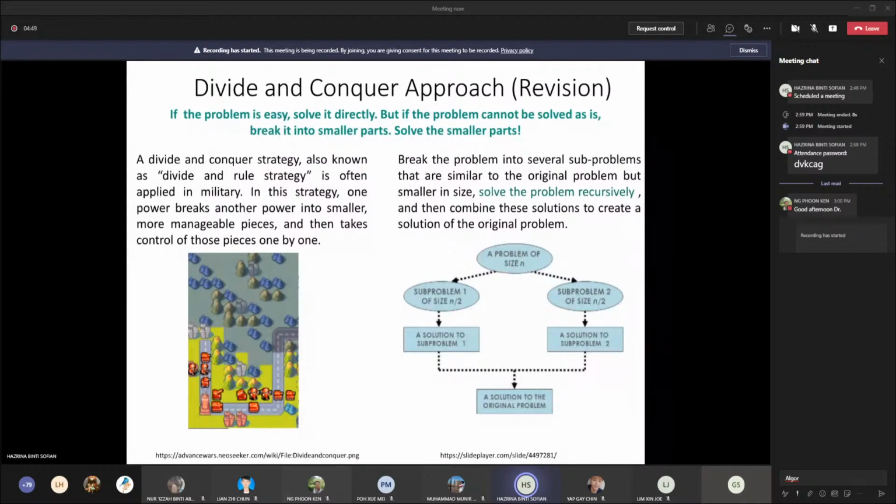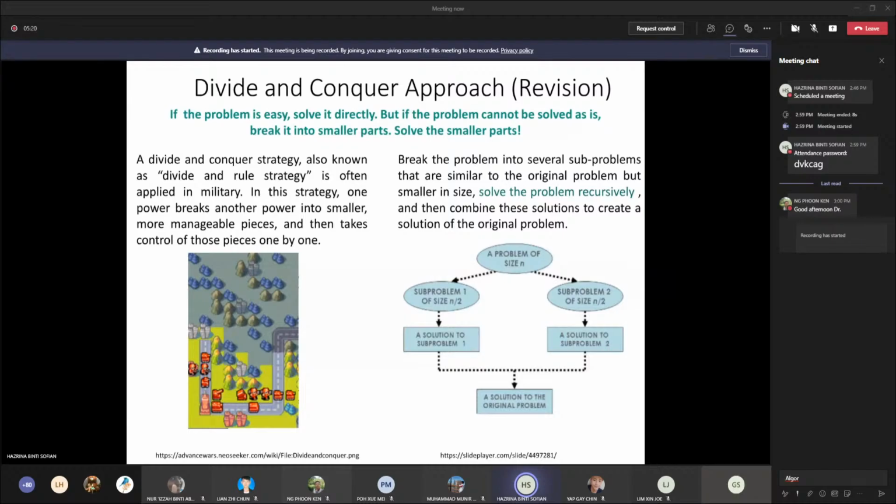Okay, so maybe you can discuss T7, 8, 9, 10. Okay, T7 and T8. So you can divide yourself the questions that you want to answer, and then you try to conquer it yourself, and then during the tutorial you can explain. Okay. So even the method for us to answer the tutorial questions, we will use the divide and conquer approach.